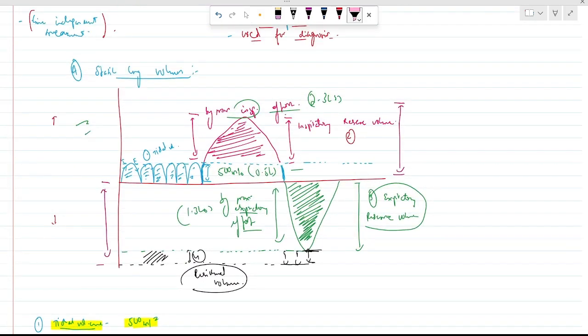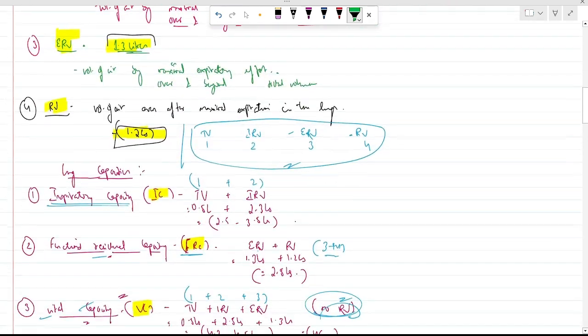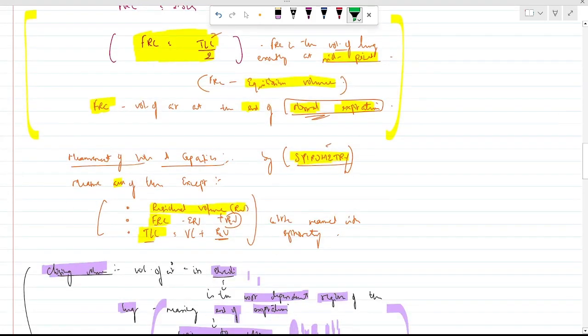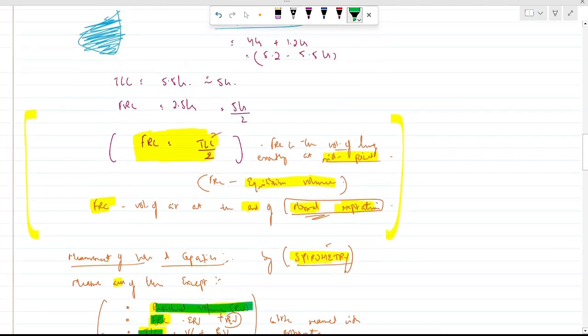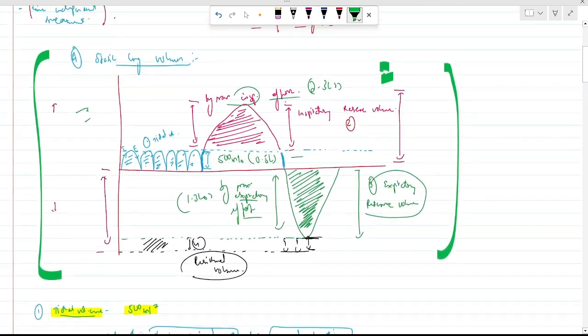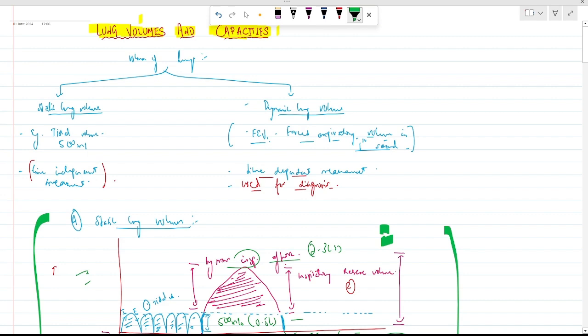Remember, this graph alone will solve most of the problems. Then following FRC, we saw spirometry. We can calculate everything except residual volume and the equations containing residual volume: FRC, residual volume, and total lung capacity. A very important question asked most of the time. Then we saw the dynamic lung volumes and capacities, and the all-important FEV1 to FVC ratio, and how it is interpreted in obstructive and restrictive lung disease.